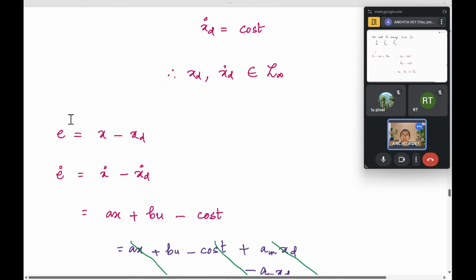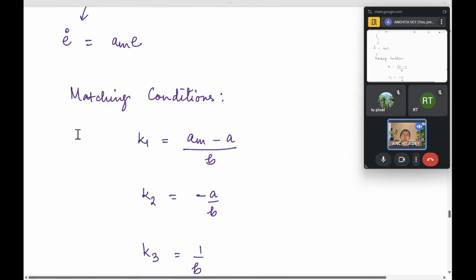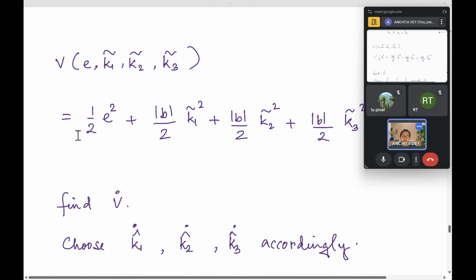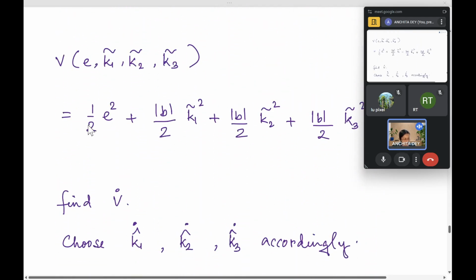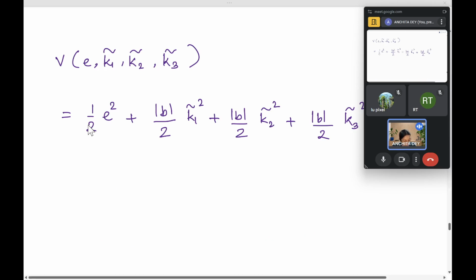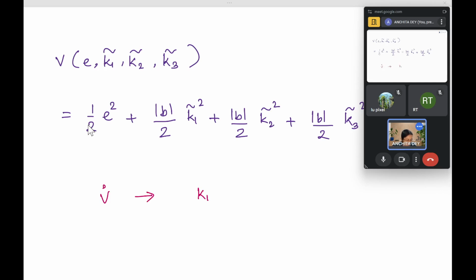Okay. So basically, when you do the differentiation here, let me just show it to you quickly. When you do the differentiations here, for V dot you will have something of k1 tilde dot, k2 tilde dot, k3 tilde dot. But notice that k1 tilde dot is equal to d dt of k1 minus k1 hat. So this is equal to minus k1 hat dot.